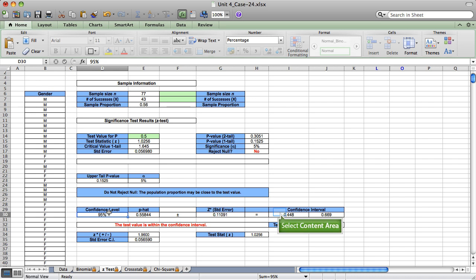I'm 95% confident that the proportion of women is somewhere from approximately 45% up to about 67%. And again, 50% is clearly within the interval range.